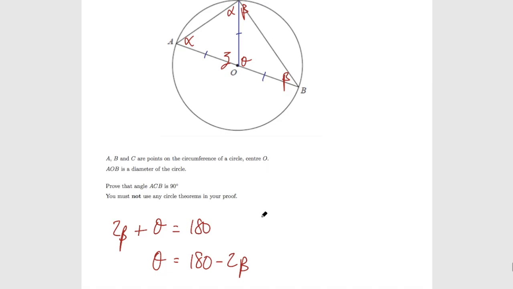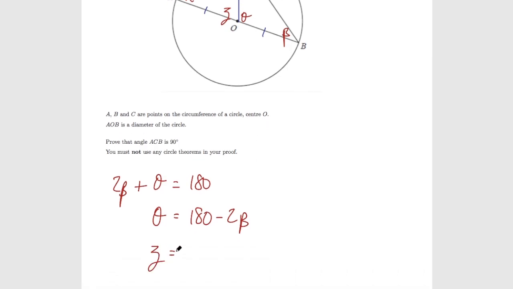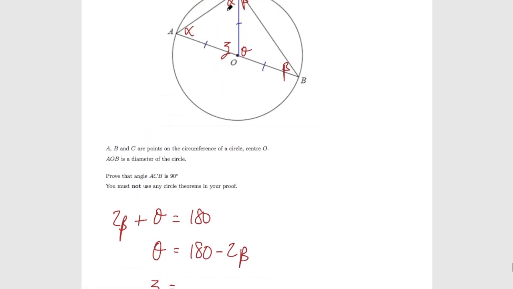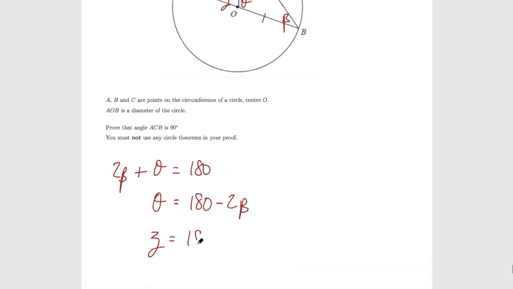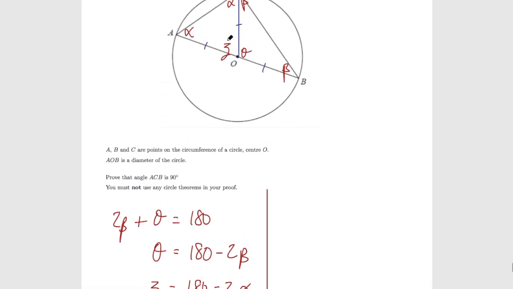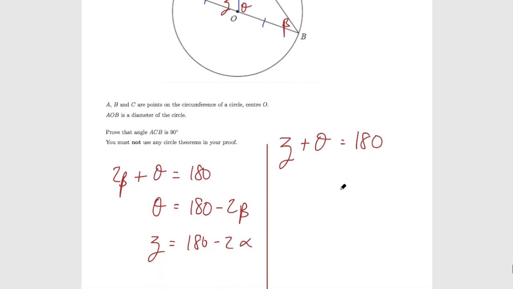And then gamma must be 180 minus 2 alpha for the same reason. Then we also know that gamma plus theta equals 180, because angles on a straight line add up to 180.